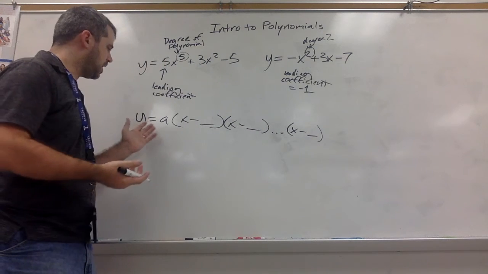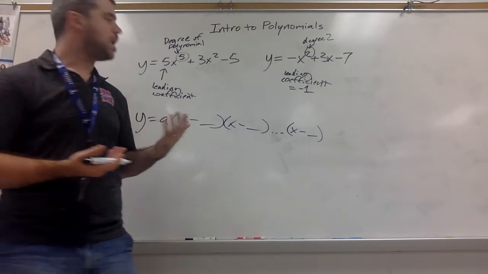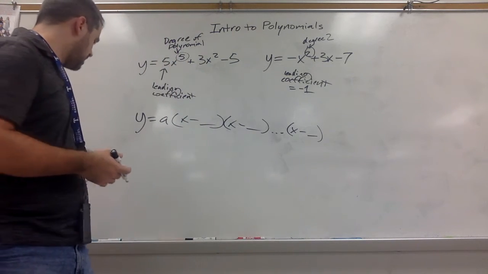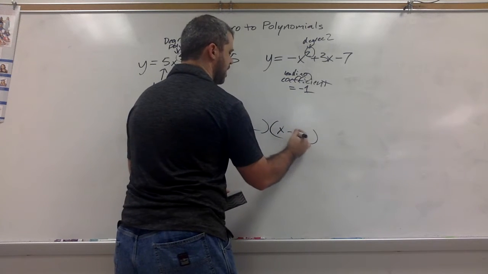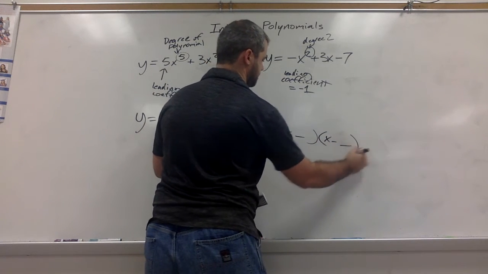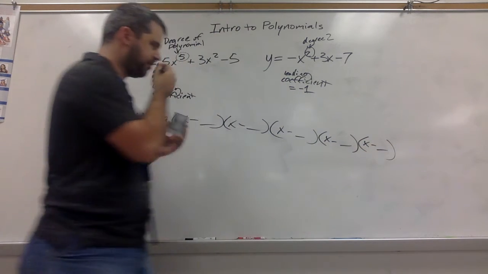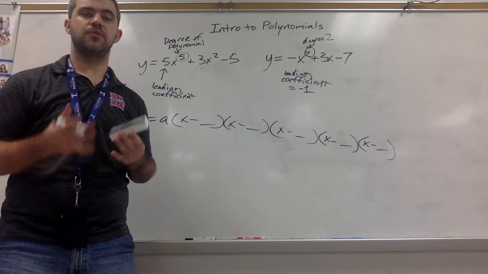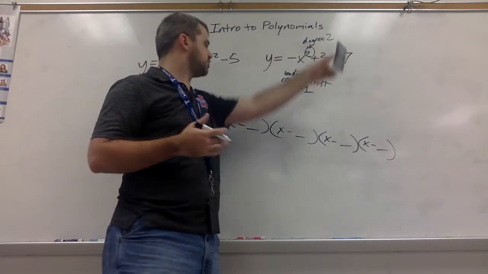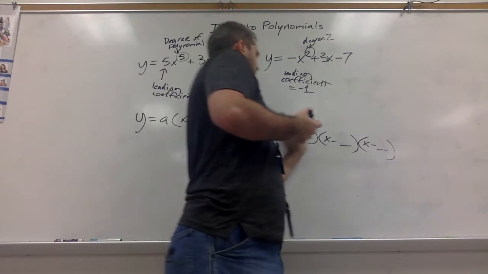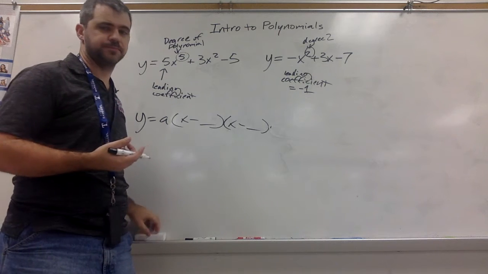And how many of these that you have depends on the degree. So in this case, if it was a 5th degree polynomial, I should be able to come up with 5 different roots, which means we have up to 5 x-intercepts on our polynomial. If you've got degree 2, well, that cuts it down to only 2 roots here.